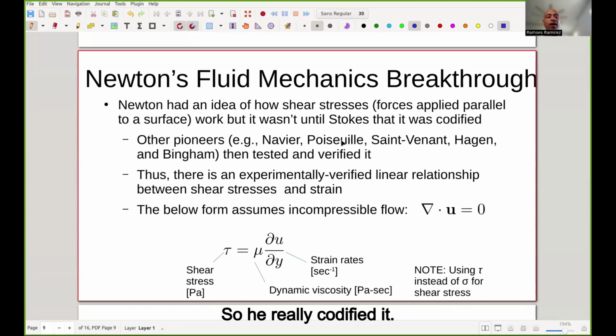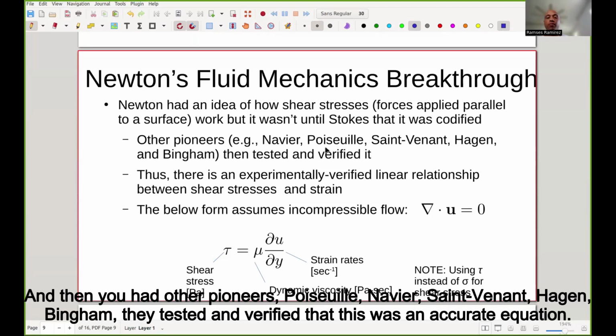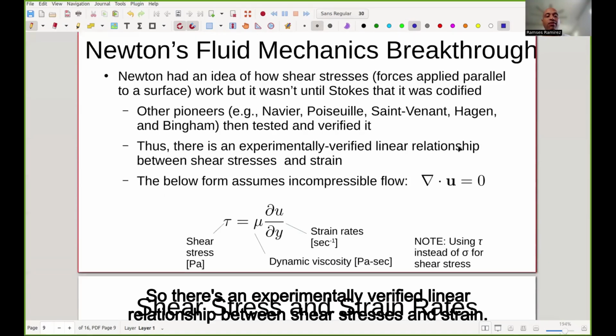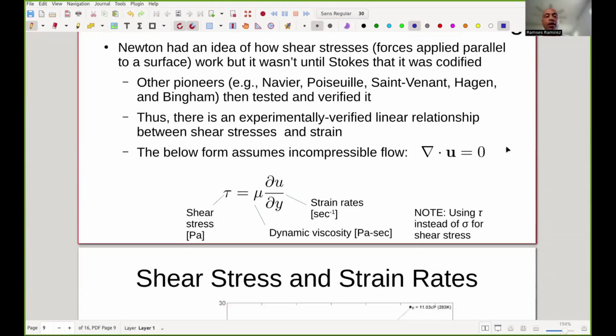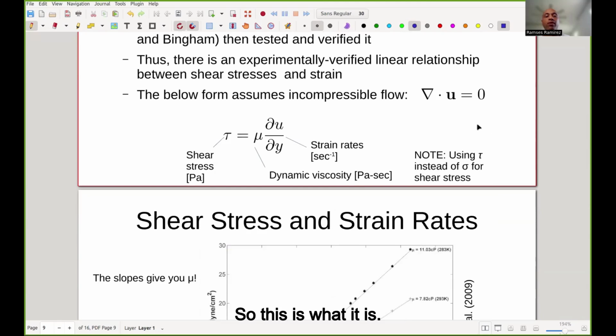He really codified it, and then other pioneers, Poiseuille, Navier, Saint Venant, Hagen, Bingham, tested and verified that this was an accurate equation. So there's an experimentally verified linear relationship between shear stresses and strain. If you assume this equation, tau is shear stress.